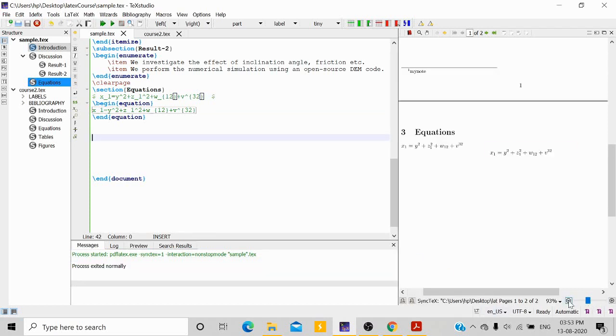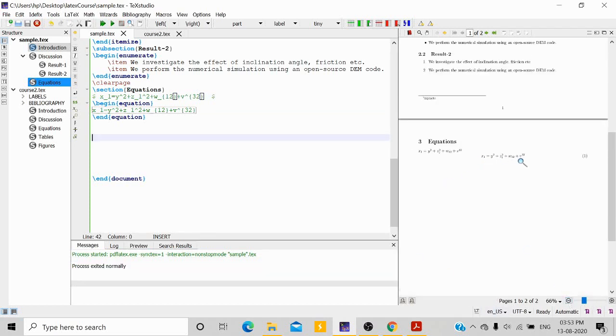You see what has happened: the equation comes and there is an equation number. That's the difference. When you write it with dollar signs, it will run but there will be no equation number, but here there will be an equation number.